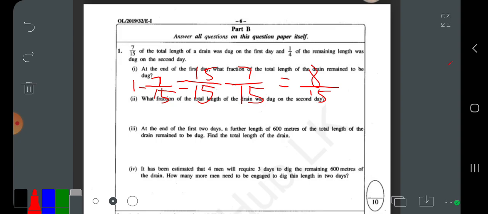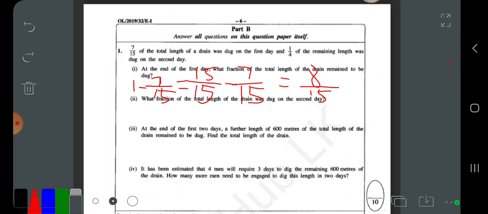Okay, second question. What fraction of the total length of the drain was dug on the second day? Right. The question says 1/4 of the remaining length was dug on the second day. We have the remaining 8/15 to dig. With that, they dug 1/4 on the second day.